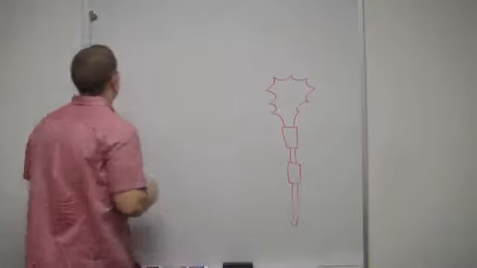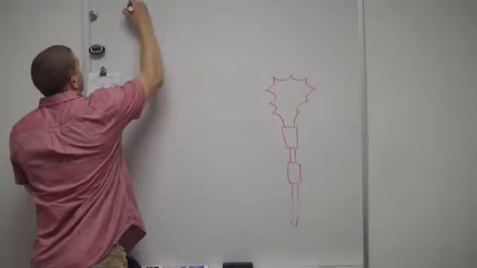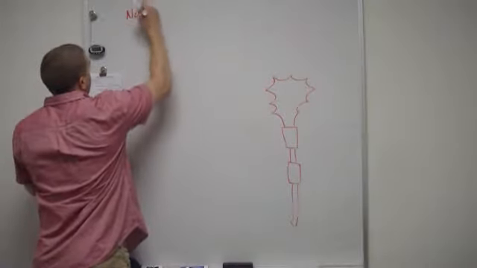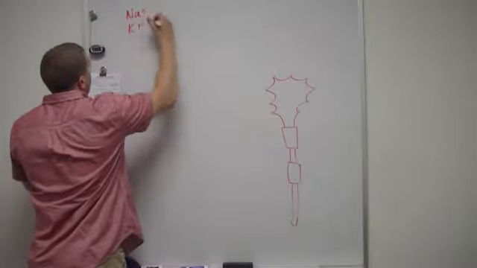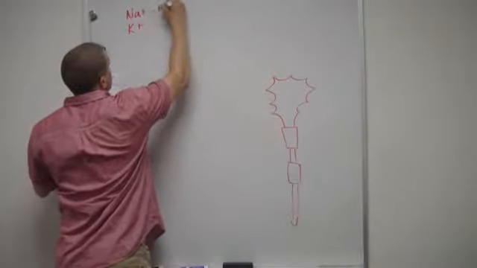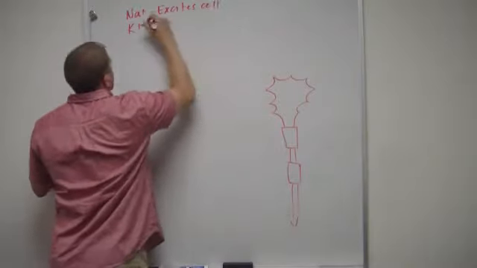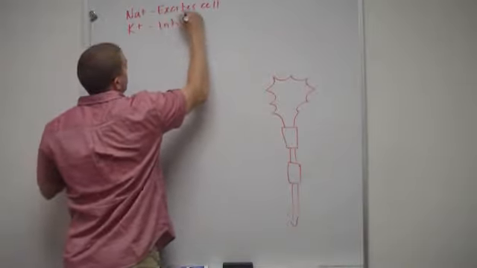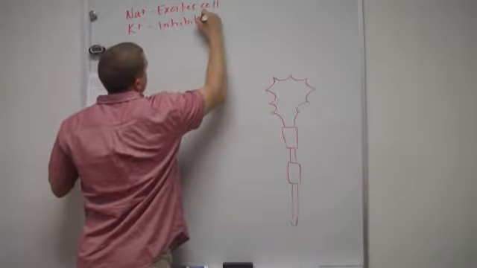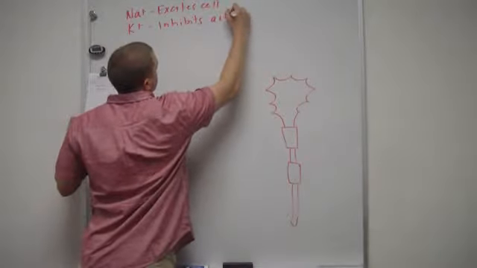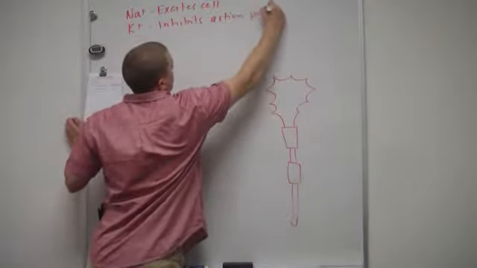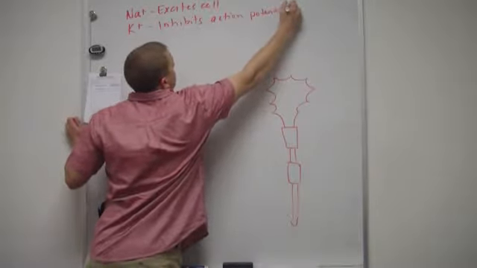So we've learned about what sodium and potassium do to a cell, right? Sodium excites the cell, and potassium inhibits the cell, or inhibits action potentials. Do you guys understand why?